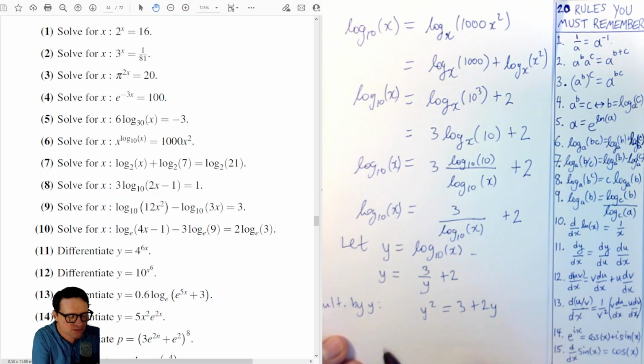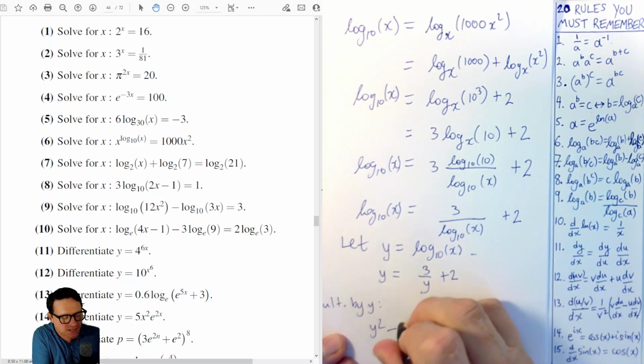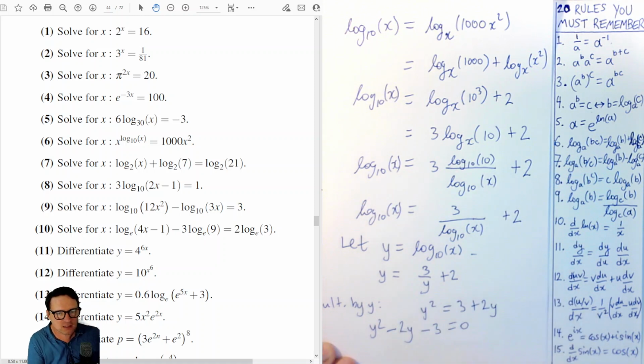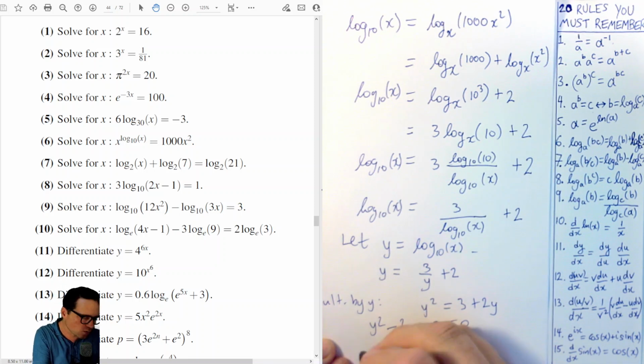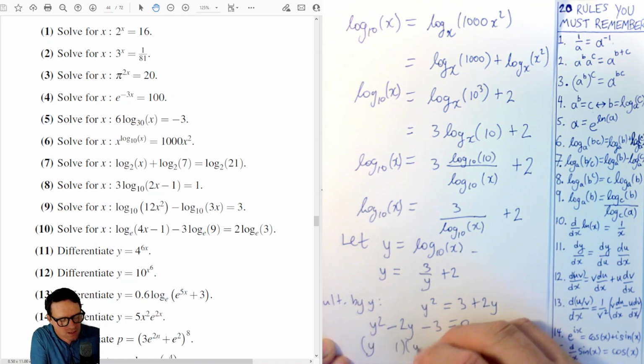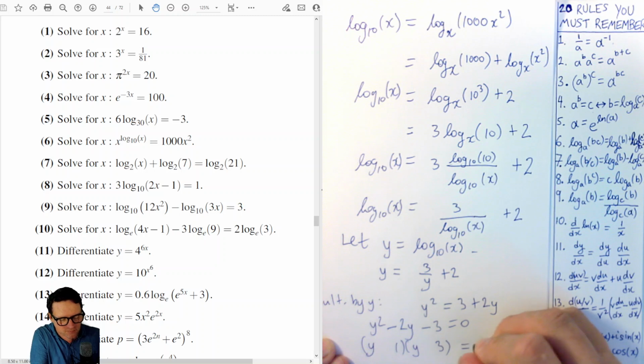So let's continue. So y squared minus 2y minus 3 is 0. Let's factorize this now because it's easy. 3 is 1 times 3 and the difference is 2. So we factorize this as y with a 1 and y with a 3. Let's work out the signs.